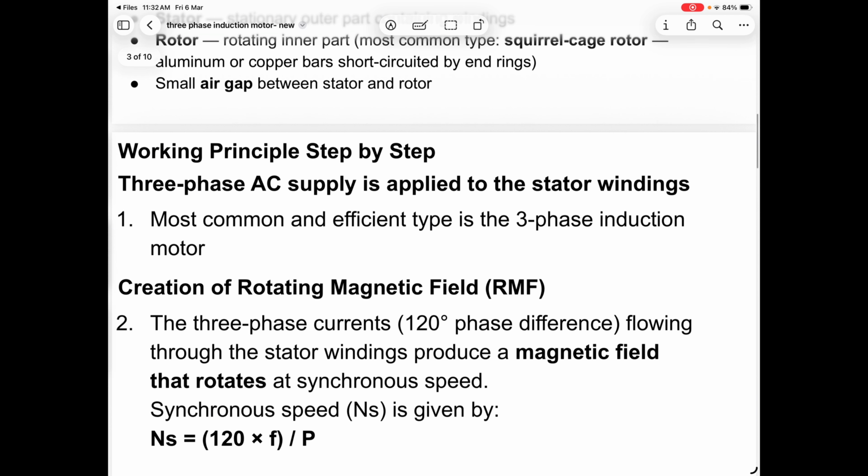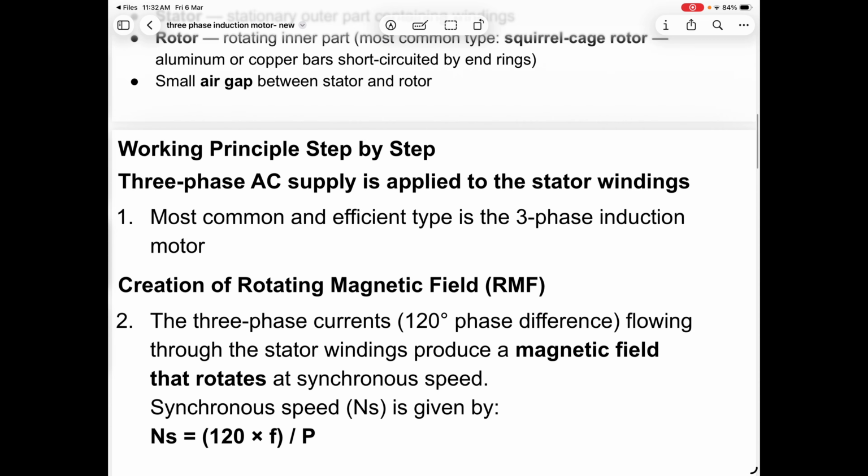So if we discuss the working principle, there are 5 steps. The first one is we apply a three-phase AC supply to the stator winding. That is, we are supplying three-phase AC supply.